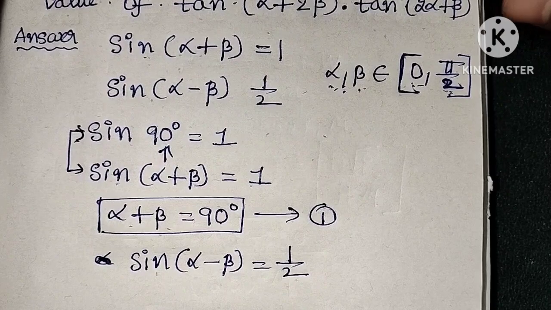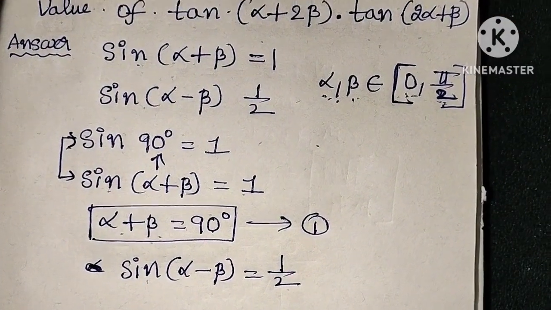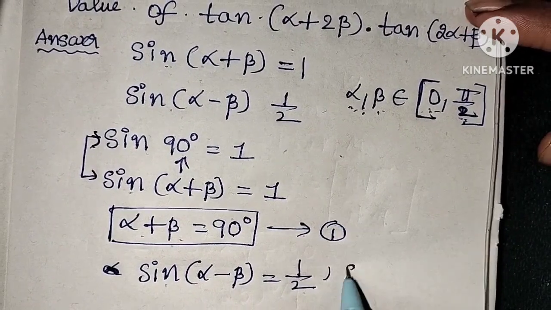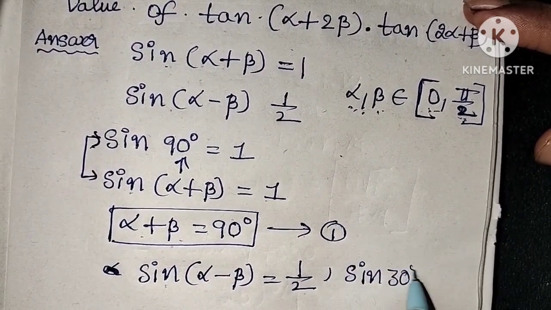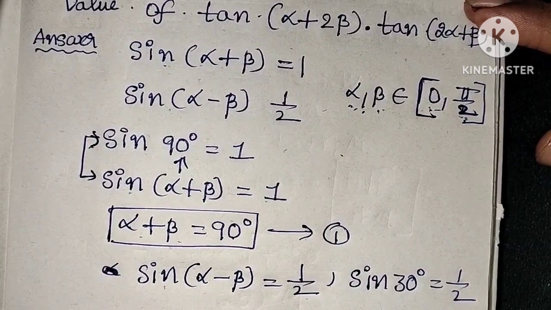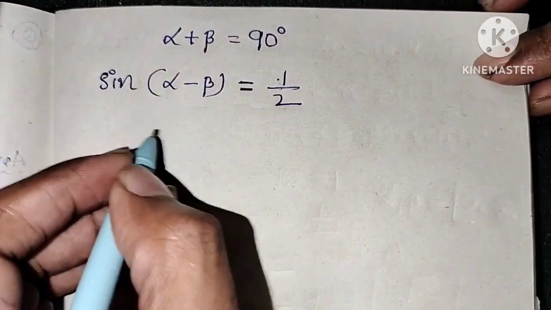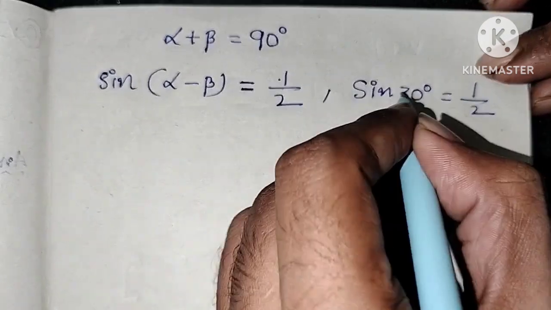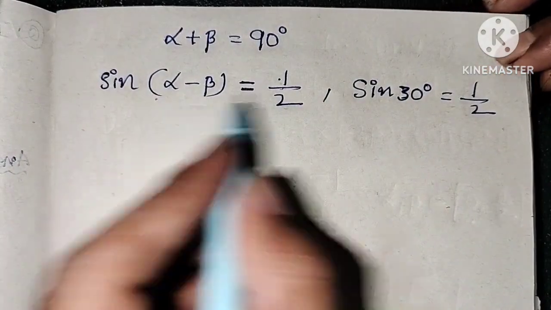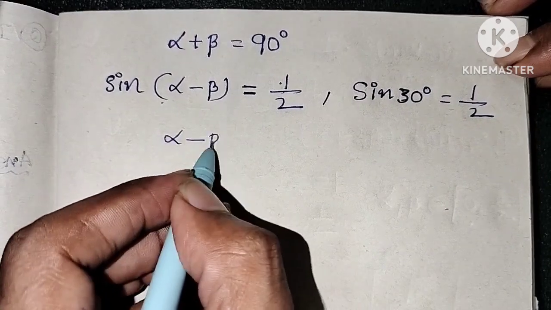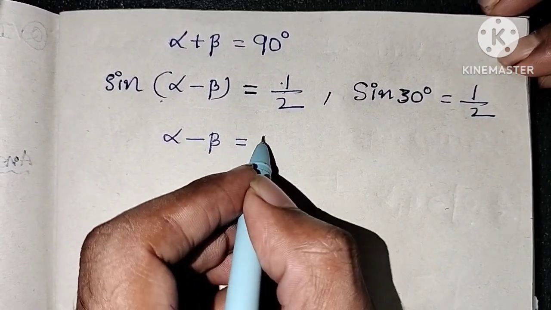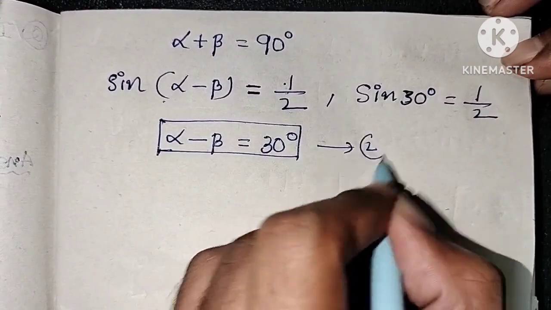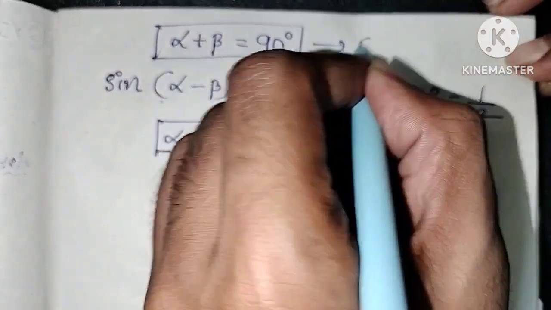We know that sin 30 degrees is equal to 1/2. Now compare these two. So α−β must be equal to 30 degrees. This is equation number 2 and this is equation number 1.